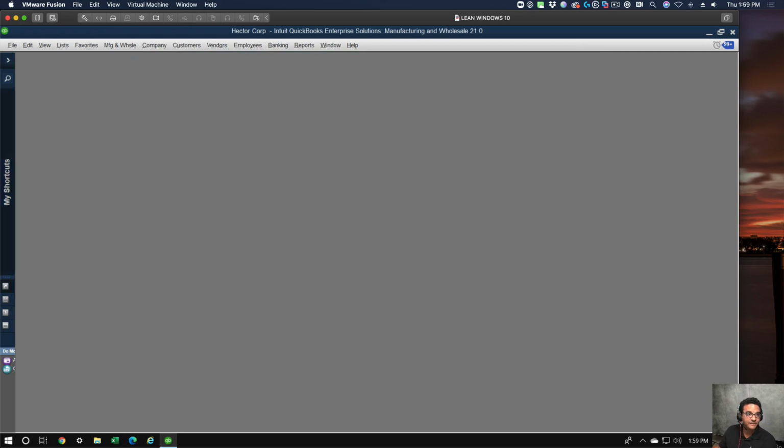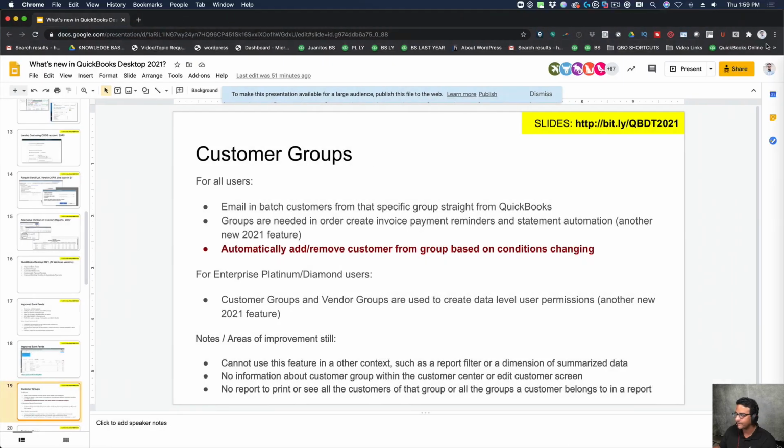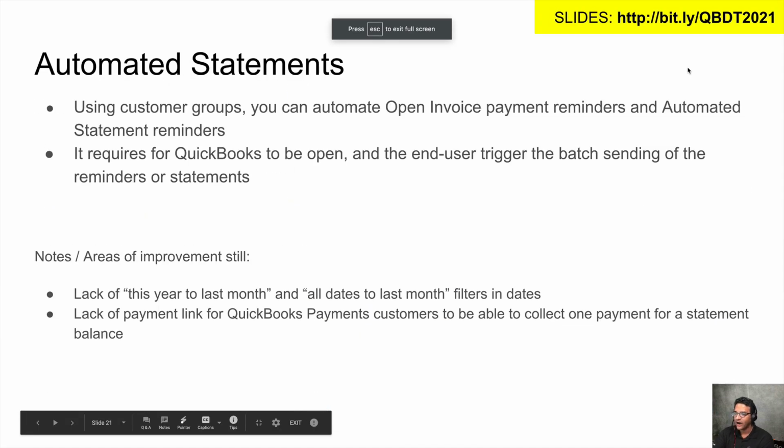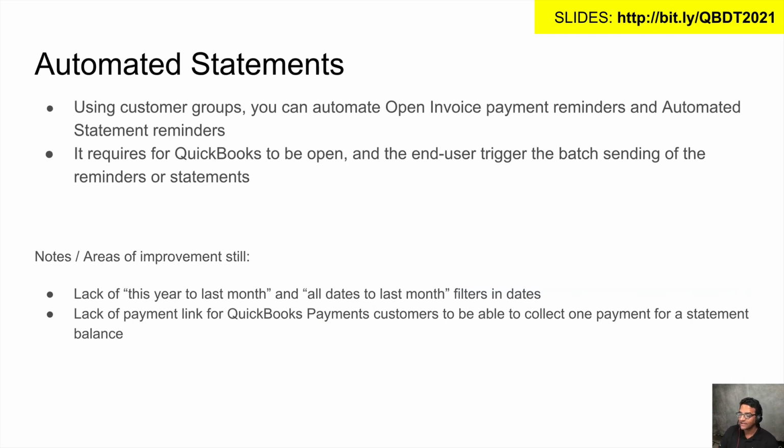Let me go back into the slides here, make sure I'm not missing anything. So that was customer groups and automated statements. Okay. Oh, also to mention, I wish that they had added the ability to add a payment link so customers can e-pay the entire balance of that statement. I think I mentioned it earlier when we were talking about QuickBooks Mac 2021.